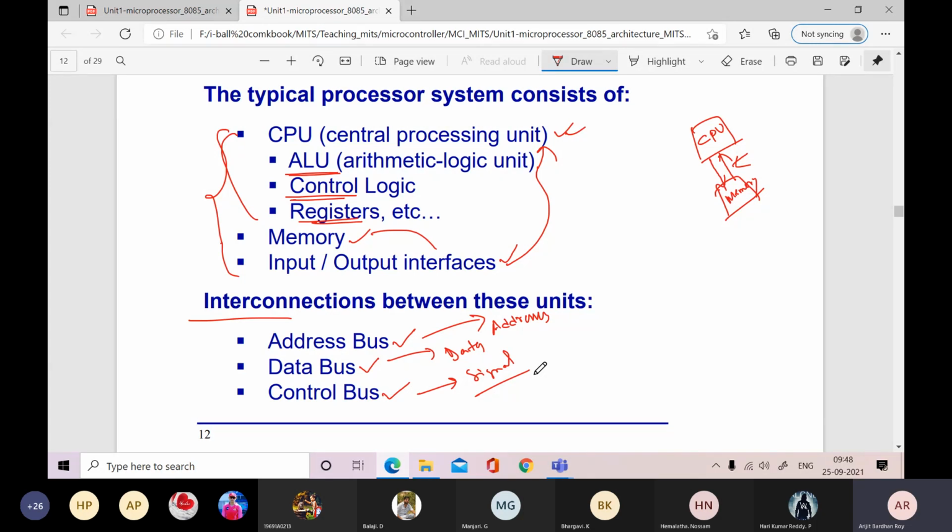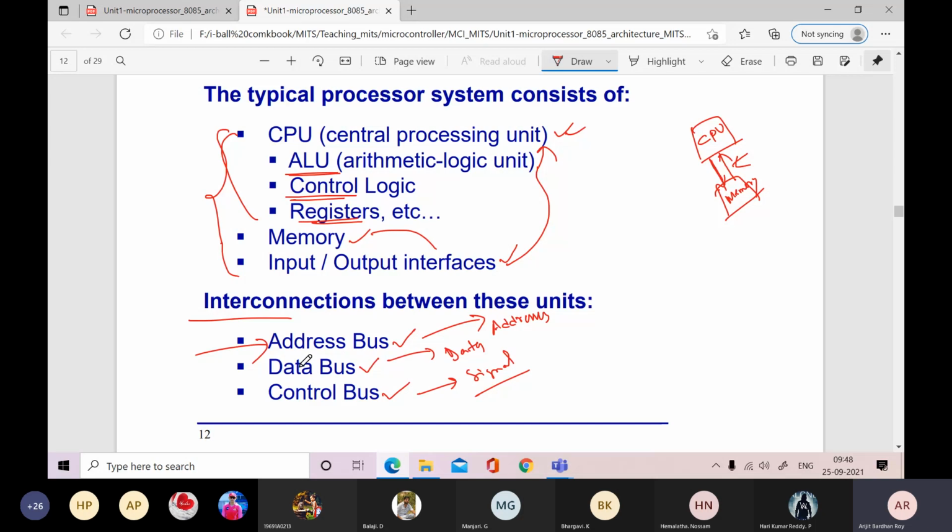So the three buses are nothing but communication channels, and the three separate buses provide three types of operation.